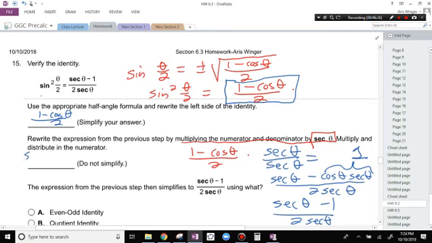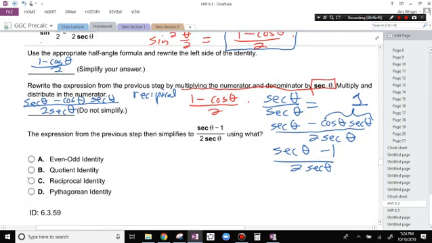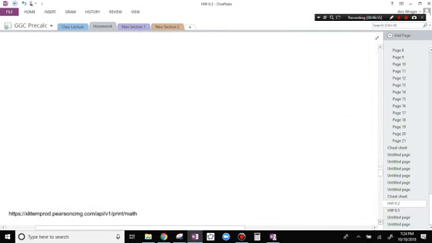You think they want secant theta minus cosine theta secant theta over 2 secant theta, right? And then hopefully things just cancel because of a reciprocal identity, because cosine and secant are reciprocals. I think the rest is just the answers, right?